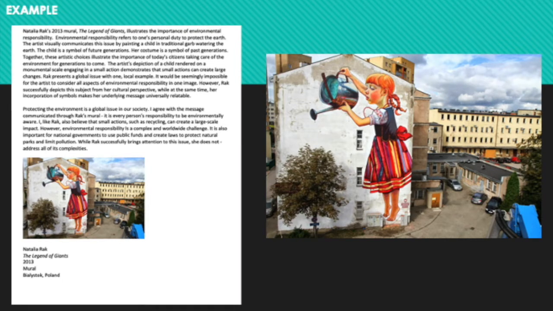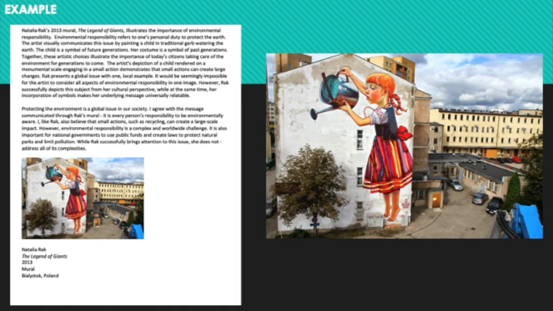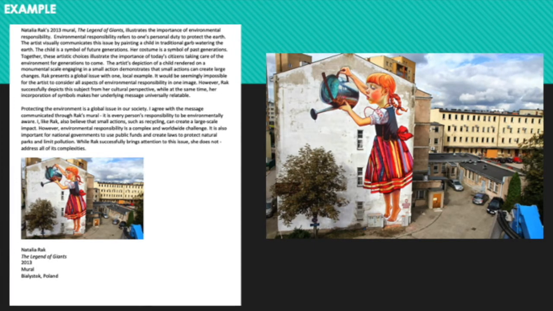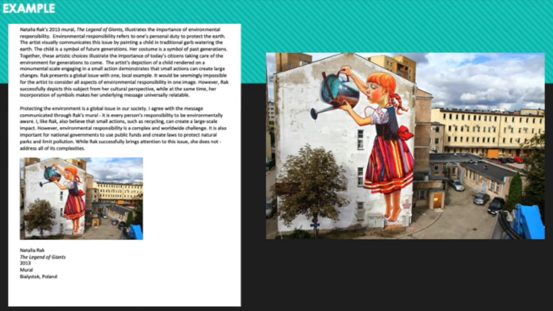Environmental responsibility refers to one's personal duty to protect the earth. The artist visually communicates this issue by painting a child in traditional garb watering the earth. The child is a symbol of future generations. Her costume is a symbol of past generations. Together, these artistic choices illustrate the importance of today's citizens taking care of the environment for generations to come.